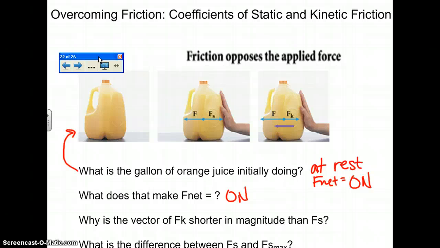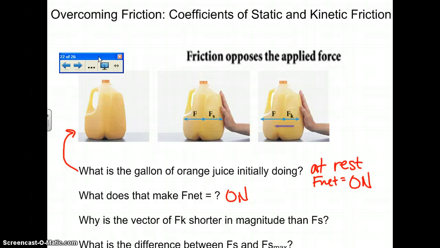Technically it's the applied force, but we can talk about static friction because it's opposite the direction of the applied force, the most you can apply to the jug right before it says, okay, I give in, let's move. I feel this external force, so I'm going to now move in this direction. Friction, though, is opposite the direction of motion. So then your F of K, you're moving.